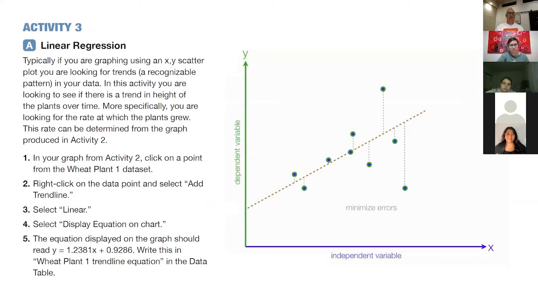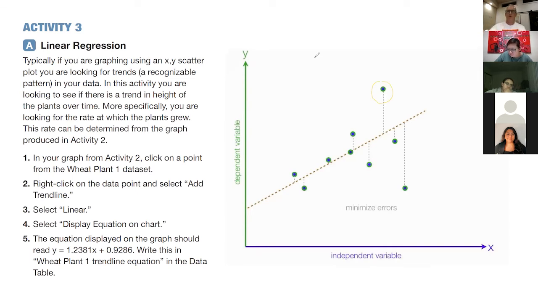Now, this is how the R-squared is going to be determined. When a computer is fitting a line, what it is basically doing is trying to minimize the distance between the line and the data points.